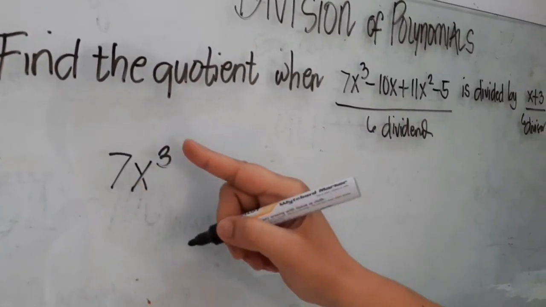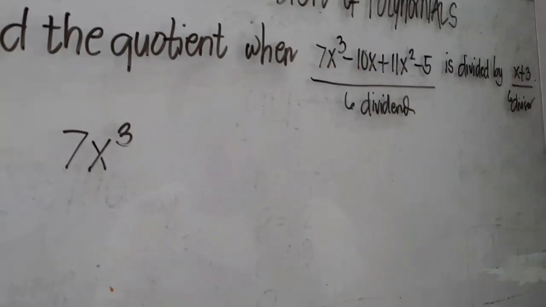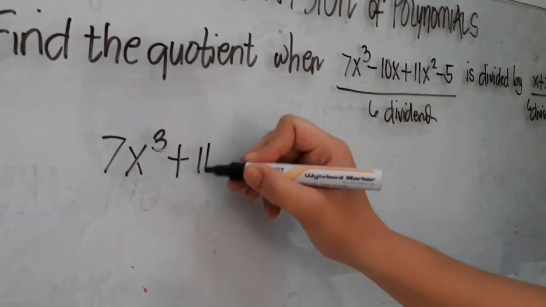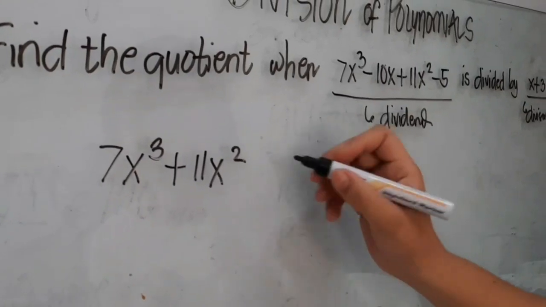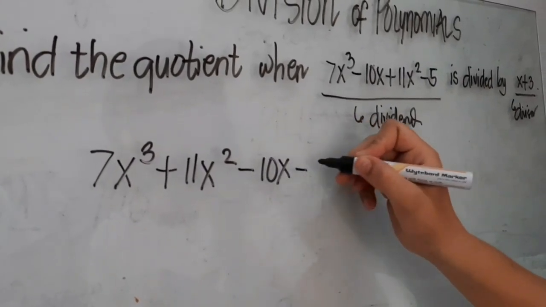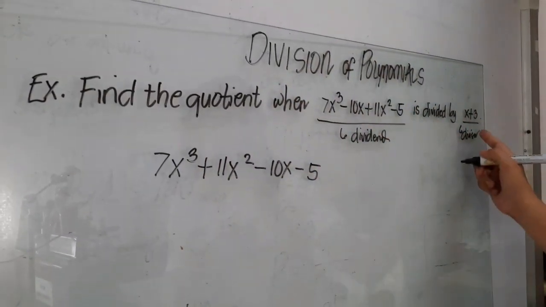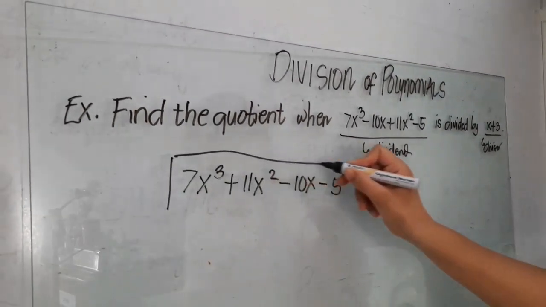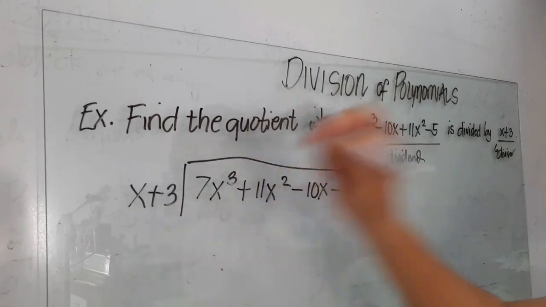So, 7x cubed, and the next term has a lower exponent, and that should be 11x squared. Do you see? And then, we have negative 10x followed by minus 5. Divided by our divisor, which is a polynomial. So, we'll have here, divided by x plus 3.